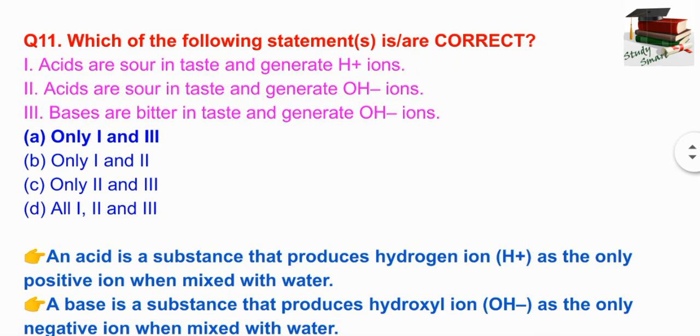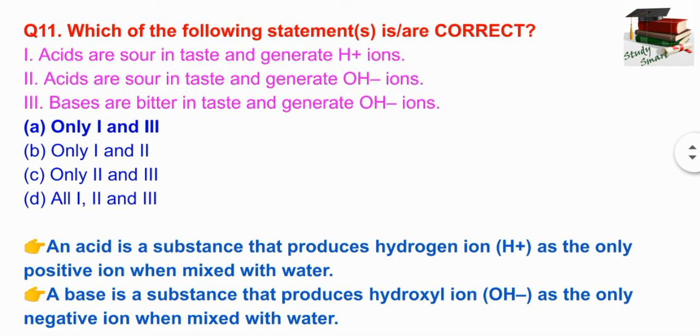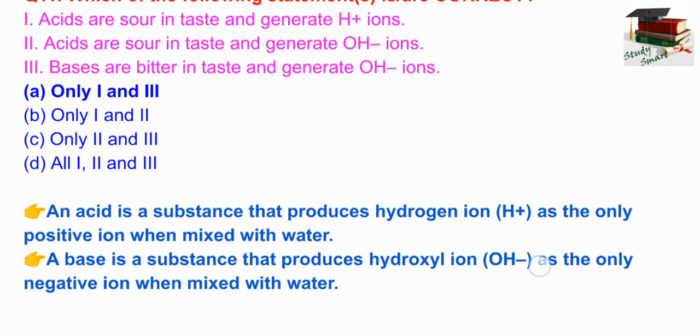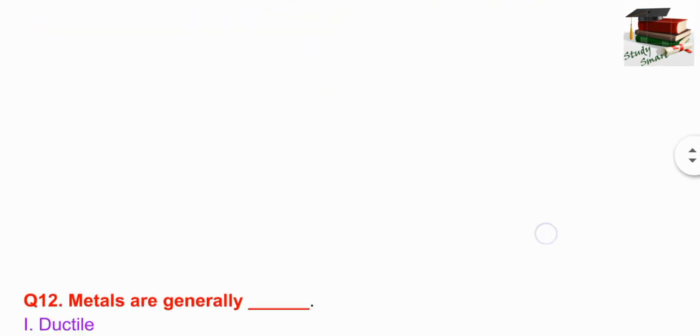Now see the statements again. Acids are sour in taste and generate H plus ion. This is correct. Next statement, acids are sour in taste and generate OH minus ion. This is incorrect. Bases are bitter in taste and generate OH minus ion. So statements 1 and 3 are correct. Option A is correct.